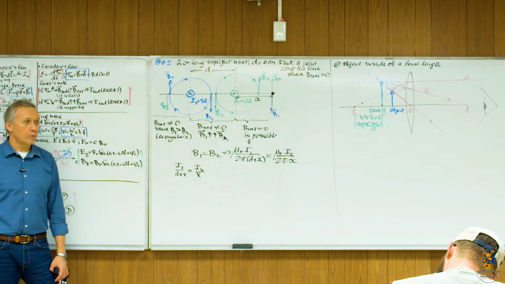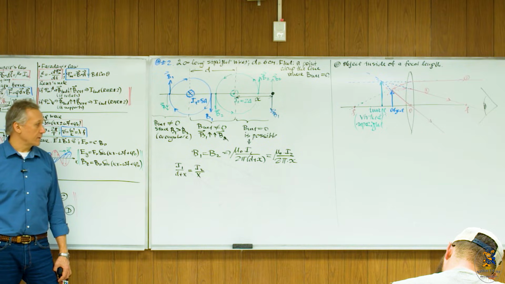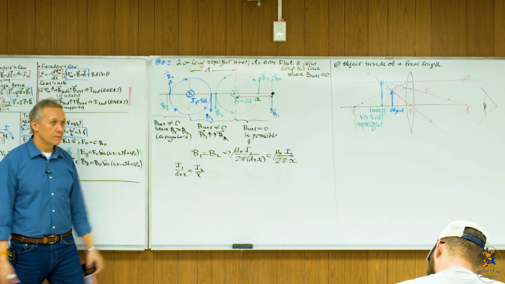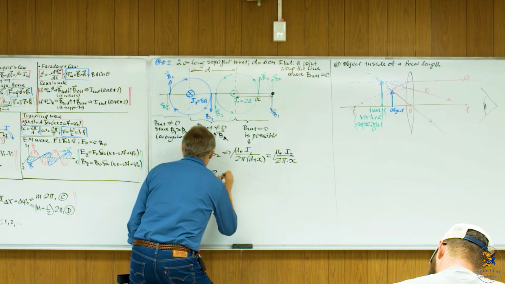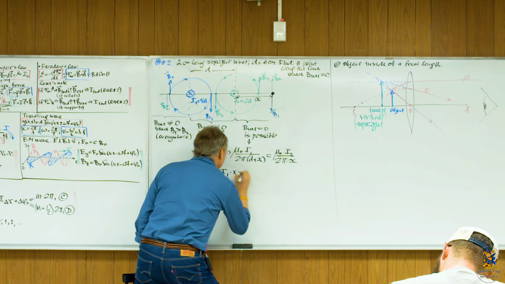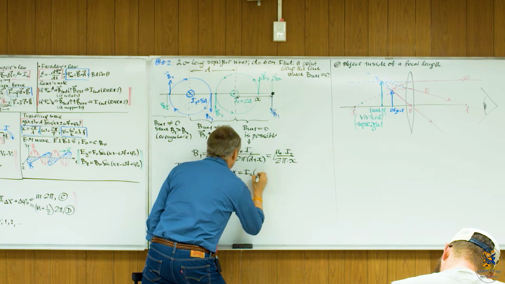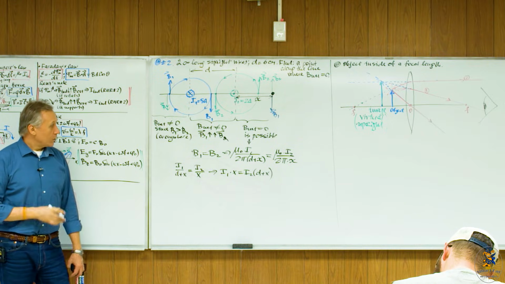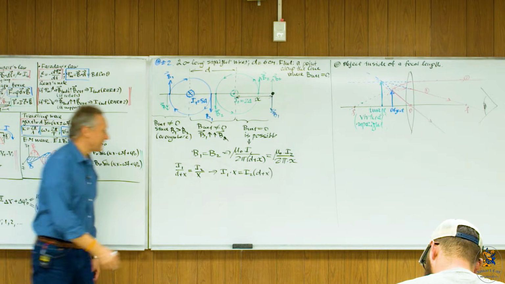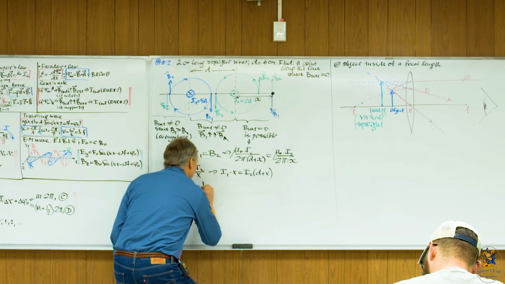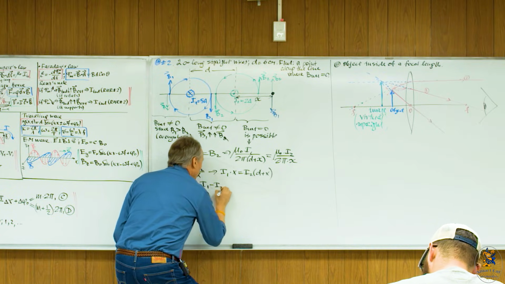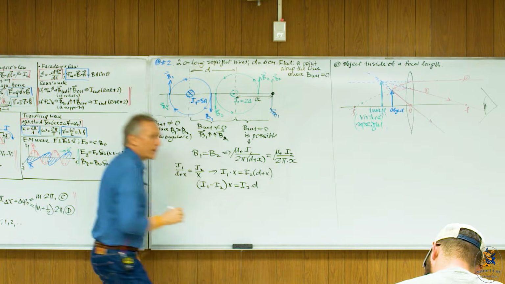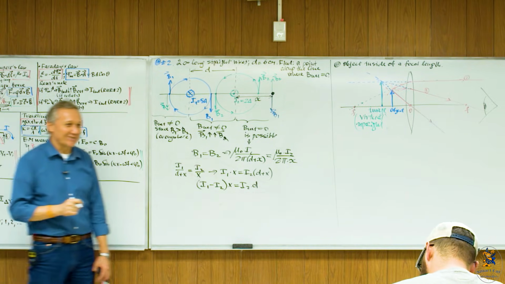So one equation, one unknown, which can be easily solved for X. Of course, now we can use proportion, I1 times that, I2 times this. So I1 times X equals I2 times (D plus X). All x's must be moved to one side, so we will get (I1 minus I2) times x equals I2 times D. Watch my algebra, make sure that I don't make some silly mistakes.